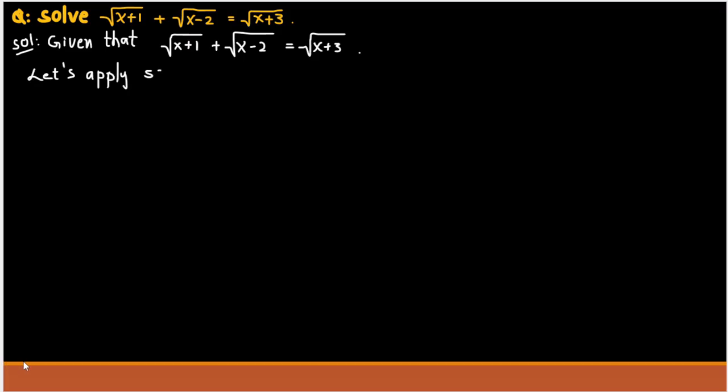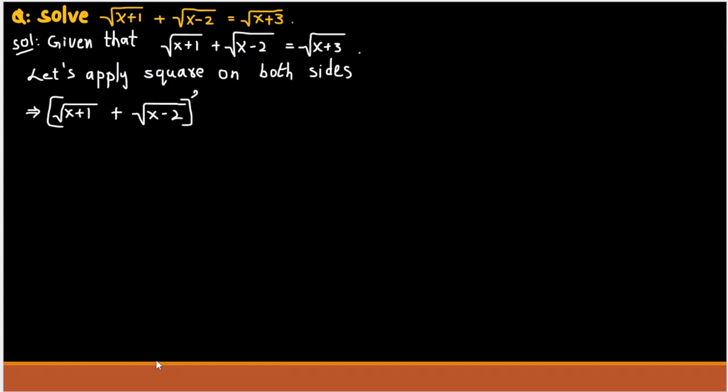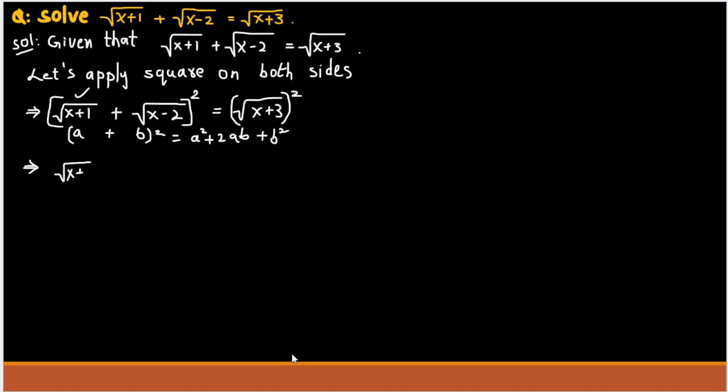Let's apply square on both sides. We get square root of x plus 1 plus square root of x minus 2, whole square, is equal to square root of x plus 3, whole square. Here these two terms resemble (a plus b) whole square, so we can write it as a square plus 2ab plus b square. Here a is square root of x plus 1 and b is square root of x minus 2.